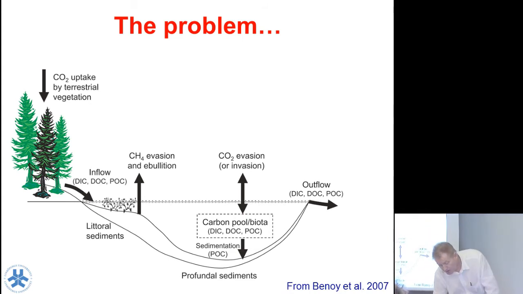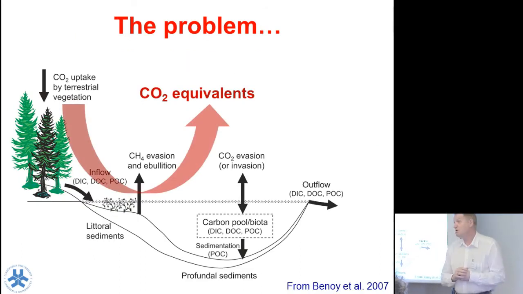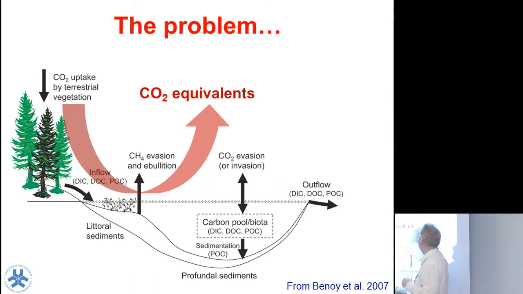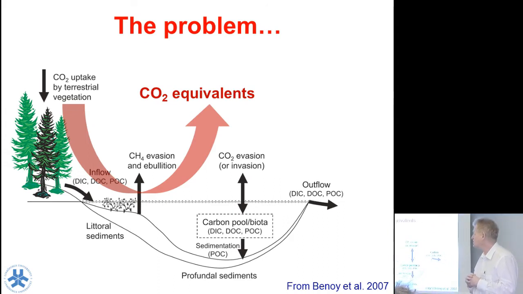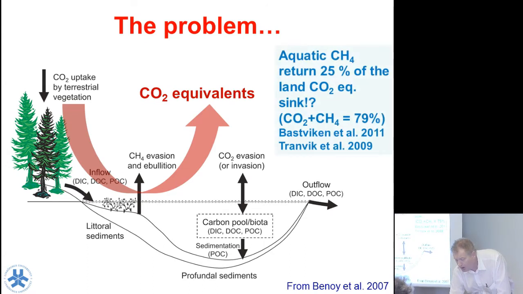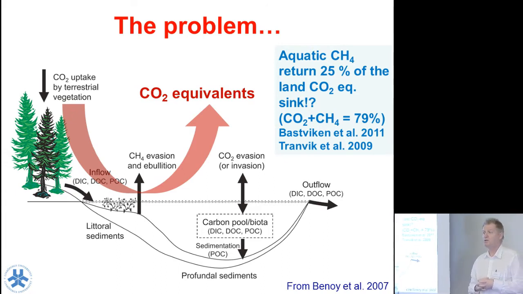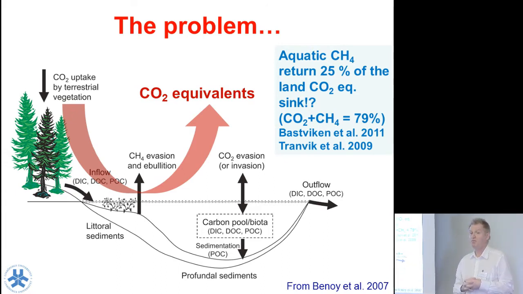Now, we have to do the same thing as was done earlier: we need to calculate the methane over to CO2 equivalents to see what the effect is. Two of my colleagues within the project looked at how large these emissions could be in the global context. And it's a little bit scary.